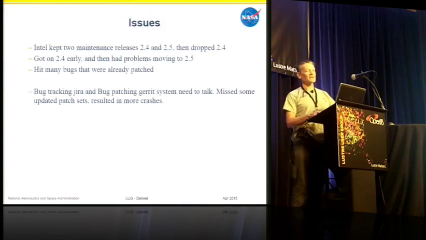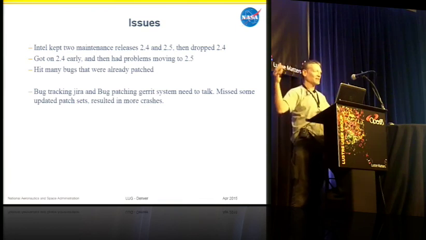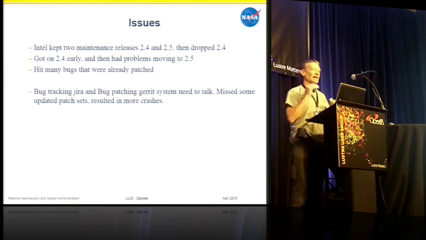There are a few things where we selected the wrong version. We got on 2.4 early, and then we couldn't get off because you've got this great big system. How are you going to move to 2.5? You might have users that have problems moving to 2.5, or we identify issues, and it can take us months.